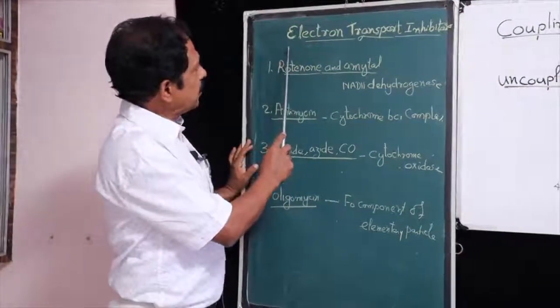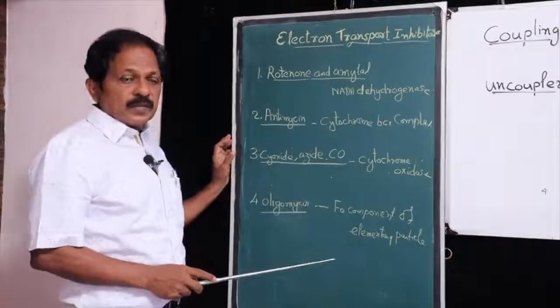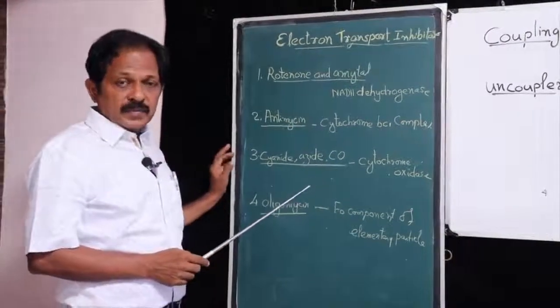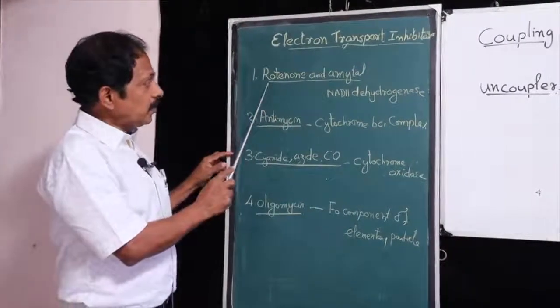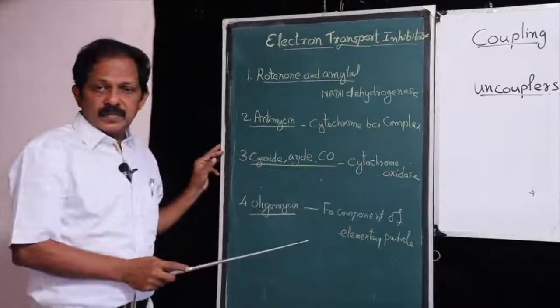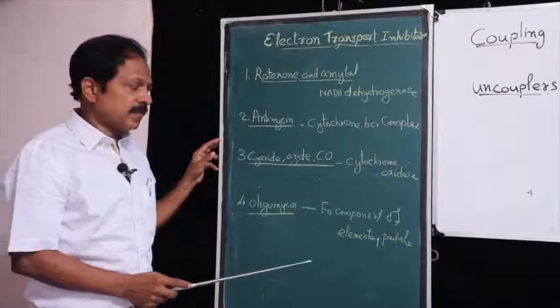Another important aspect is electron transport inhibitors. See, there are certain inhibitors in the electron transport and oxidative phosphorylation. Rotenone and amytal inhibit the NADH dehydrogenase enzyme, complex 1.